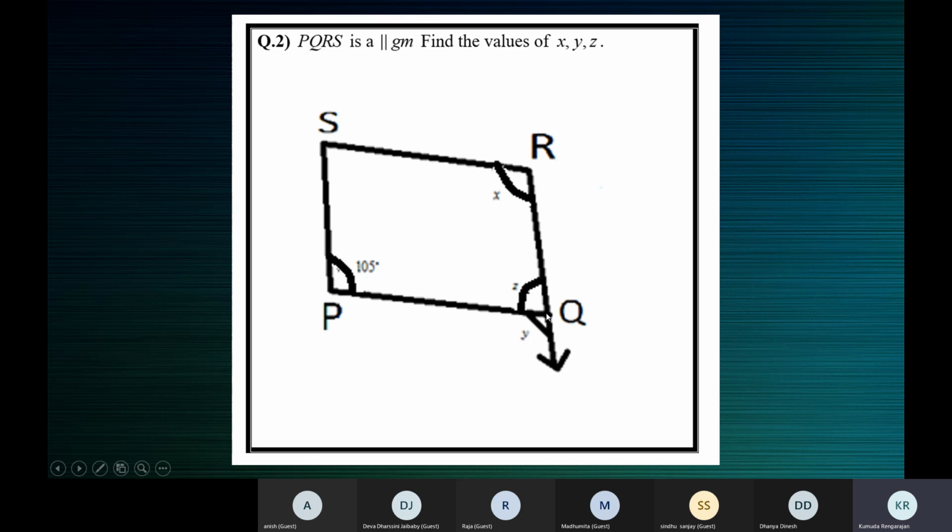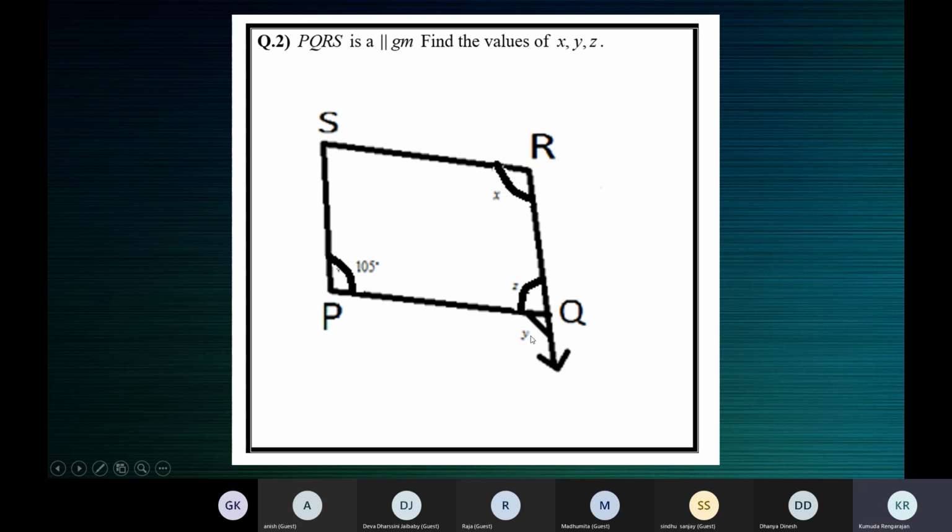And at Q, okay, children, supposing this point was called T, then angle Y is angle PQT, and Z is called PQR.